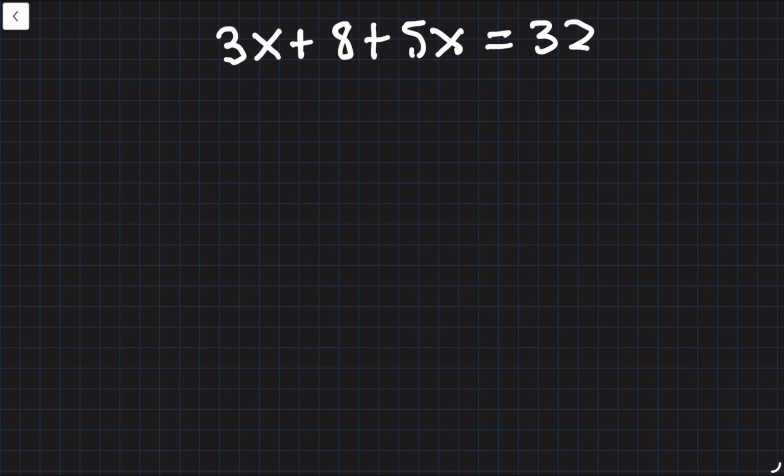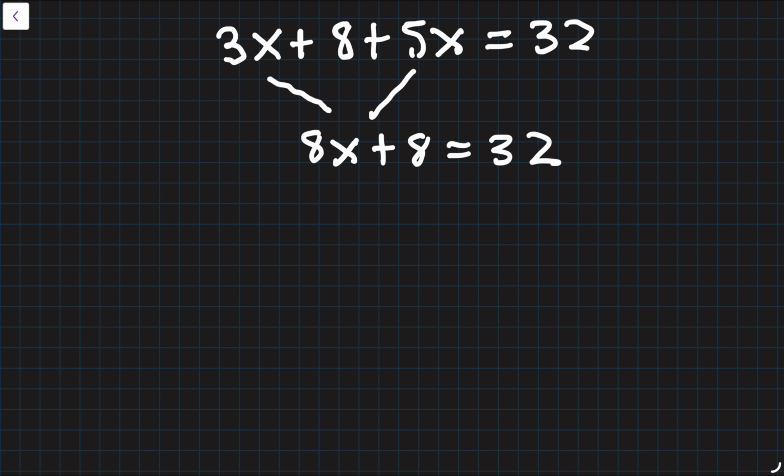Okay, so now let's solve this problem, which is a little bit more complex, but it's actually really easy. What you're gonna have to do is combine the like terms. 5 and 3 both have x's, so 5 plus 3 is going to be 8x. So 8x plus 8 equals 32.